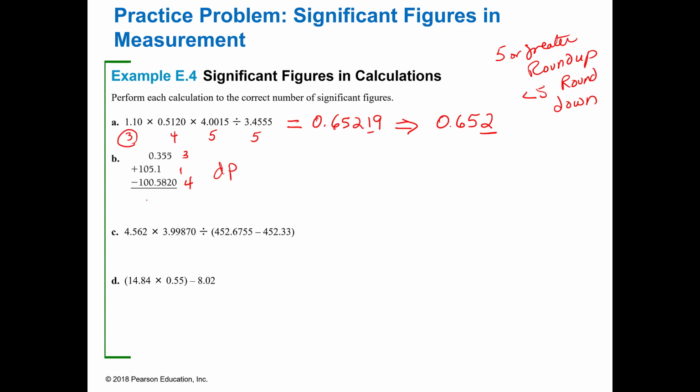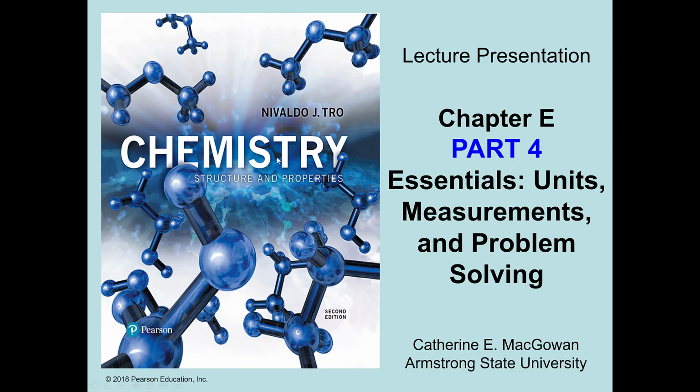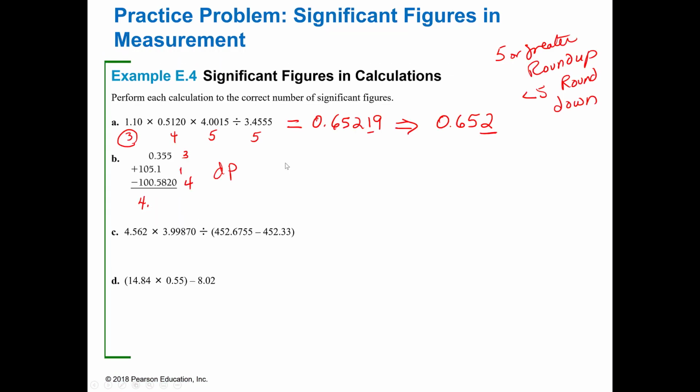So our answer when we put it in the calculator, 4.873. 4.8730. All right, and I can only have one decimal place, so my answer is going to be 4.9.